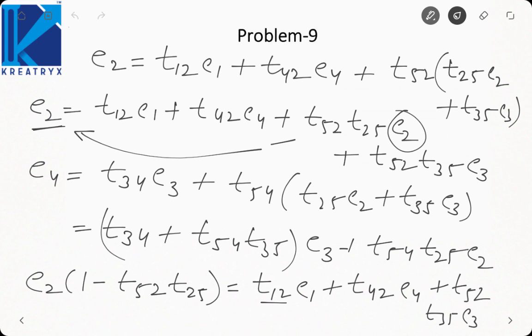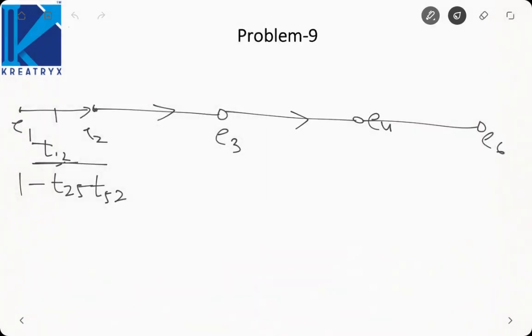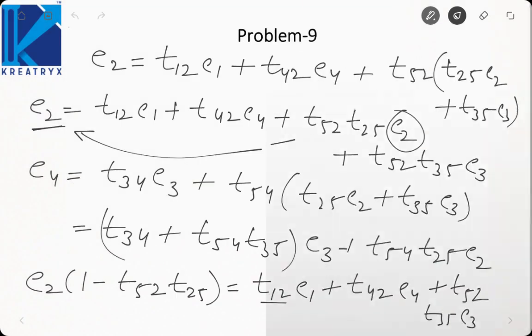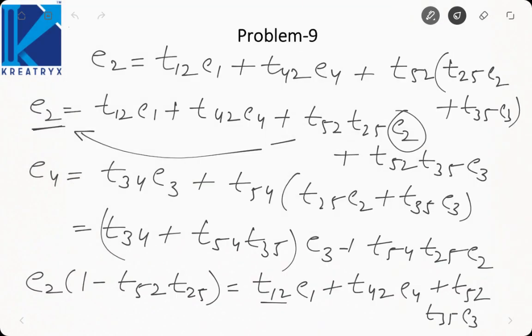Okay, now the next term in E2 is T42 E4. T42 upon 1 minus T25 T52. Next is T52 T35 E3.